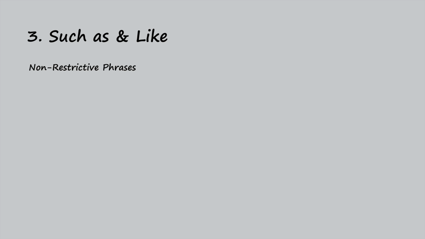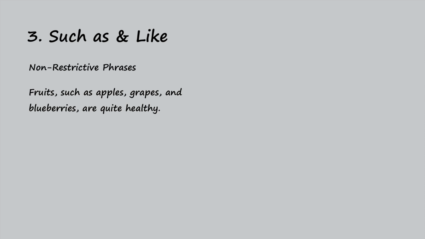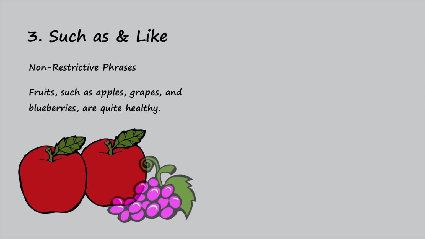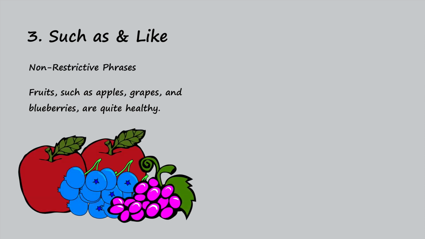If we said, fruits, such as apples, grapes, and blueberries, are quite healthy, the examples are superfluous. If we simply said, fruits are quite healthy, the sentence is still true.